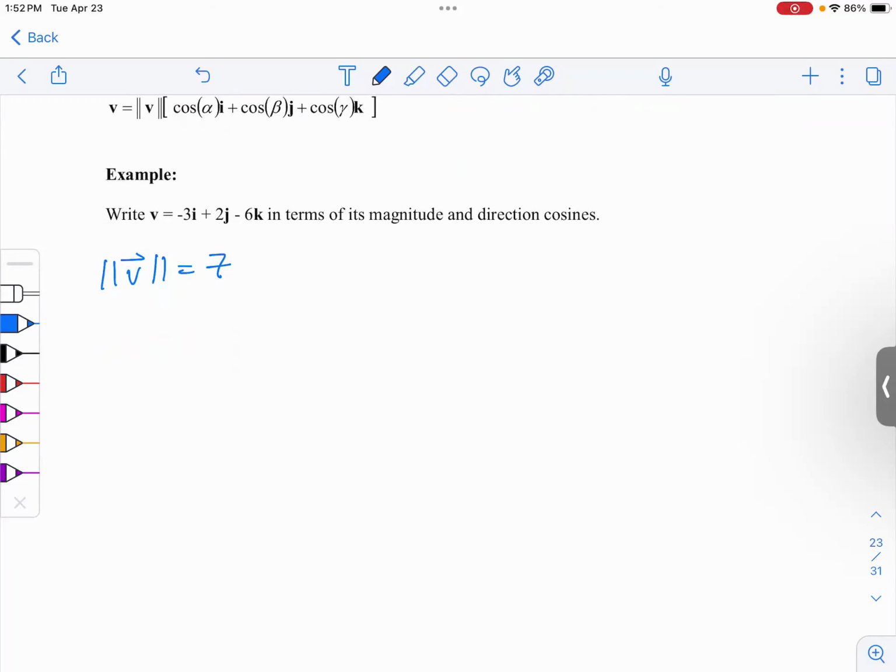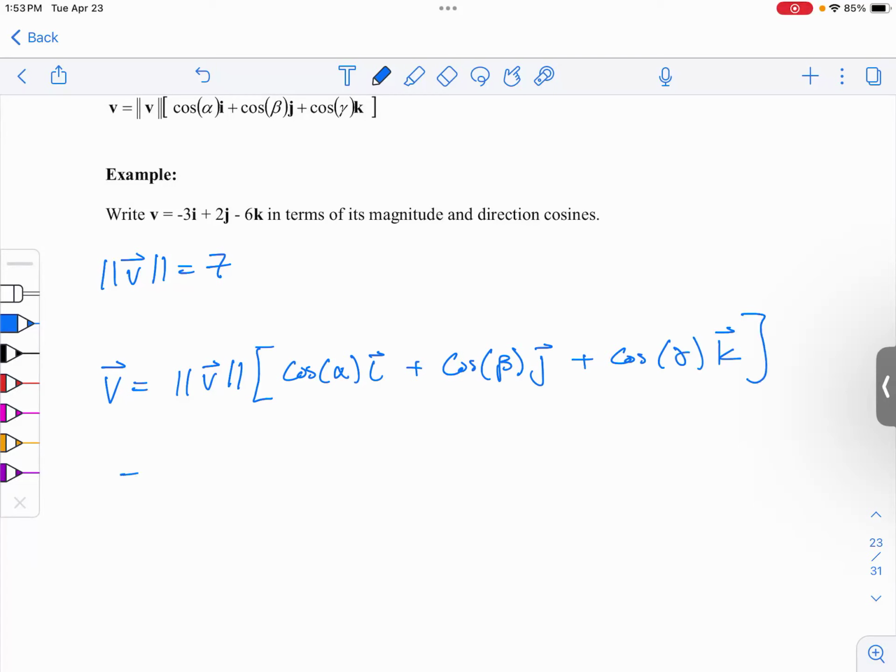I can then write this in terms of the direction, and I can rewrite v in terms of a magnitude of v and the directional angles, which we have already found as well. And cosine.